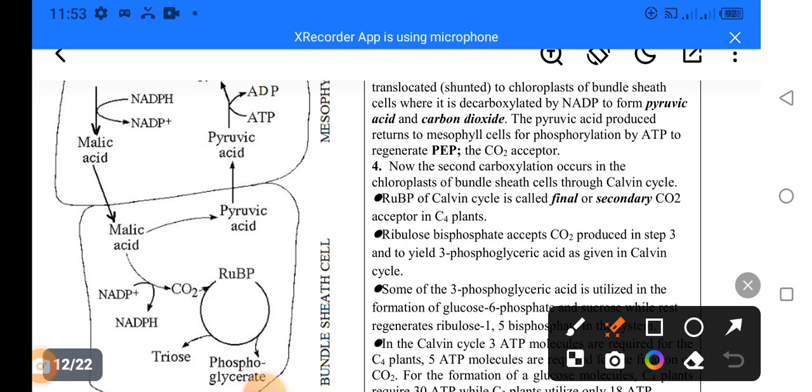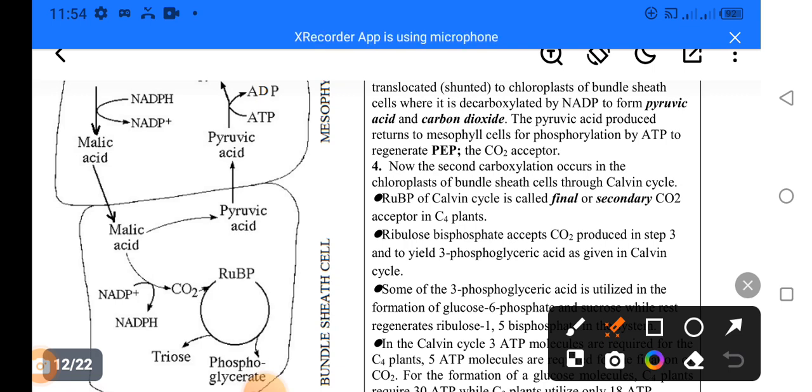The RuBP of the Calvin cycle is called the final, or second, carbon dioxide acceptor in C4 plants. The ribulose bisphosphate accepts the carbon dioxide produced, in 3 steps, to yield 3-phosphoglyceric acid as in the Calvin cycle.